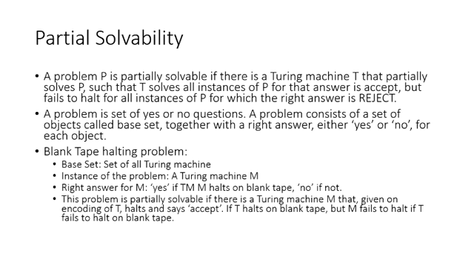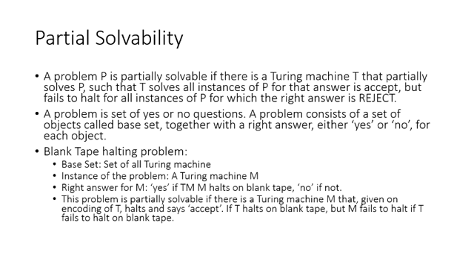For example, if it is a blank tape halting problem, you will have a set of Turing machines. For a particular instance you assign a particular Turing machine, and that Turing machine will have yes for some blank tapes and no for others.